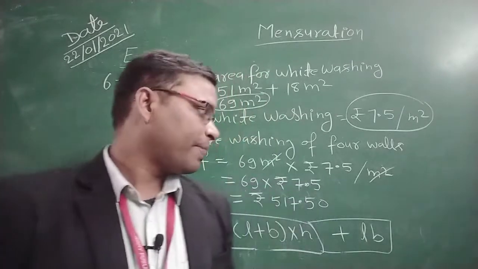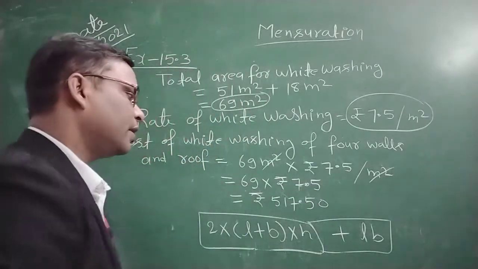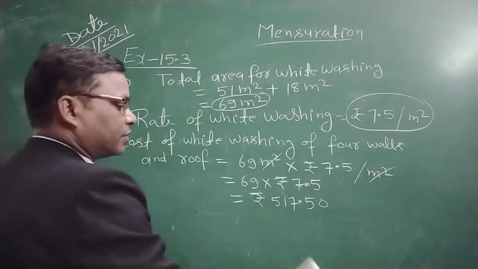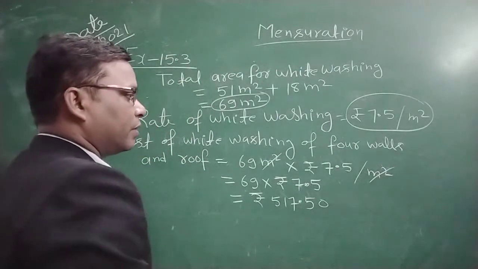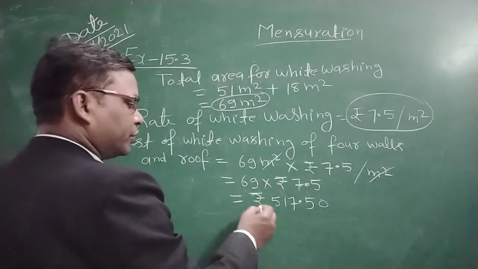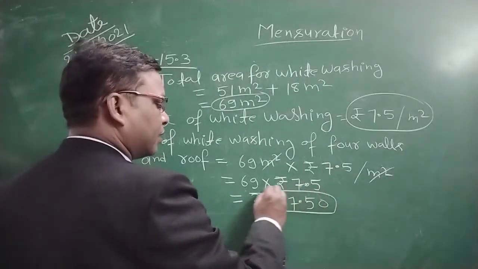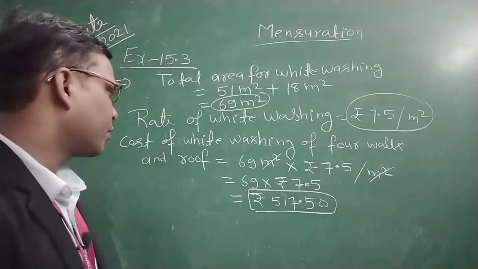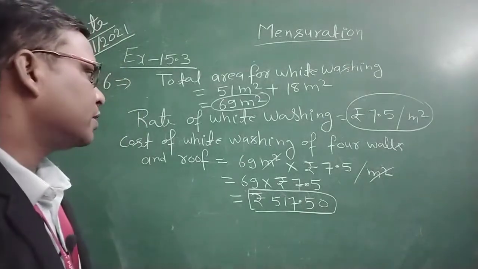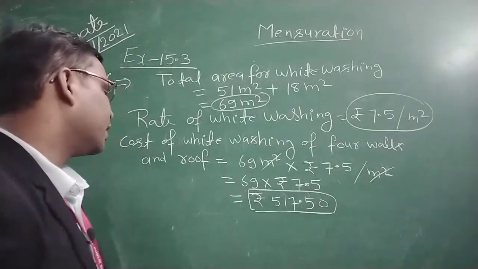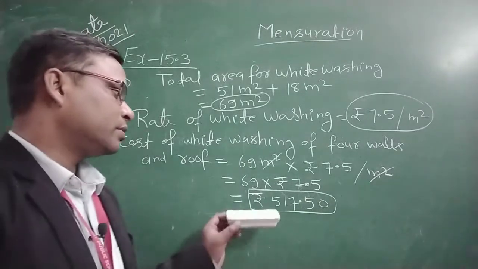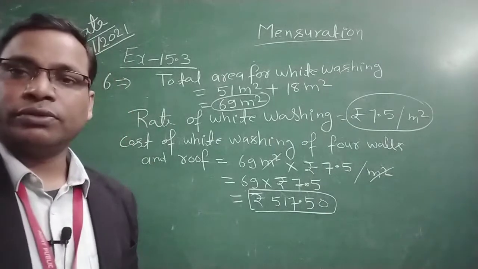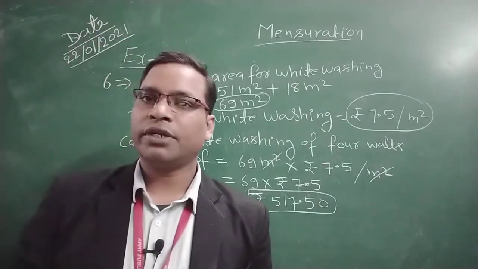So in this way, you can see we find the cost of whitewashing of four walls and roof. This is equal to 517.50 rupees.